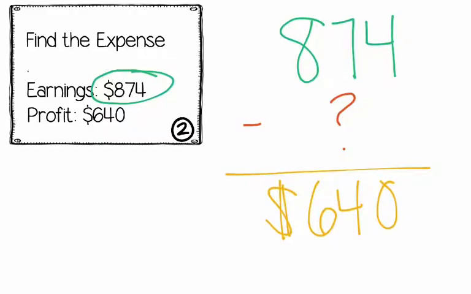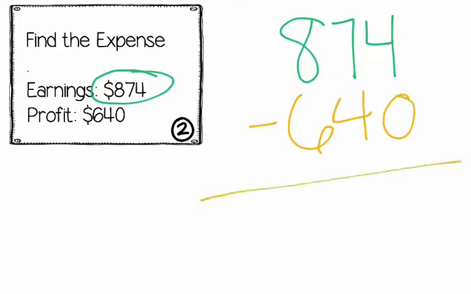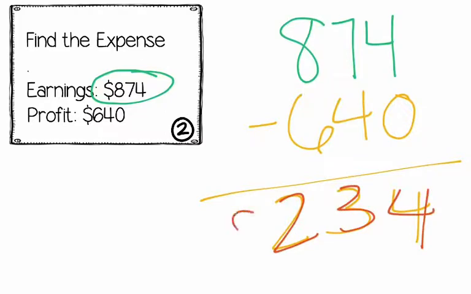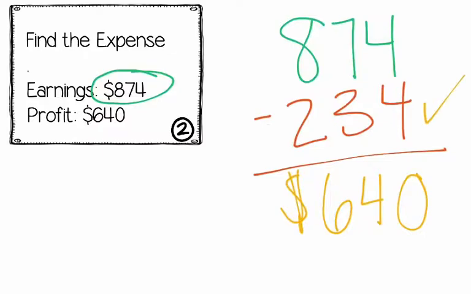I don't know about y'all, but again, I just reverse these and I say 874 minus 640 is 234. So that means that my expenses have to be 234. And again, I can go back and check that if I want to. So 874 minus 234 is 640. So my expenses are correct.